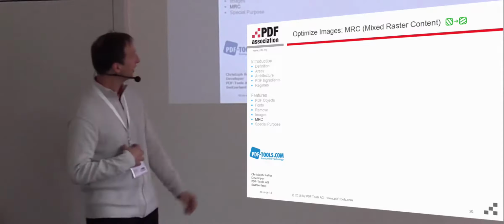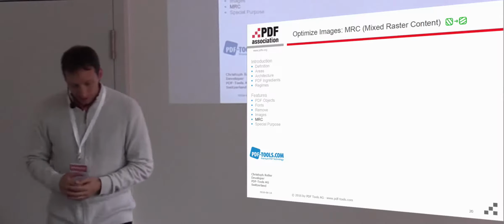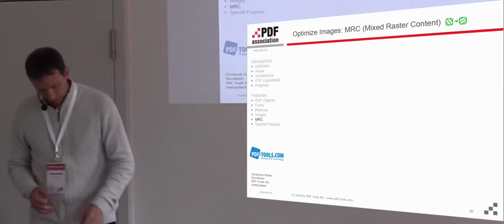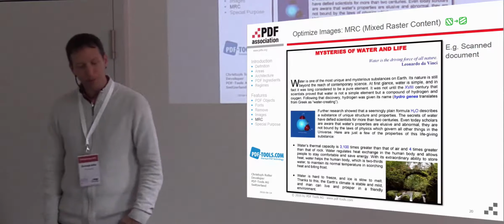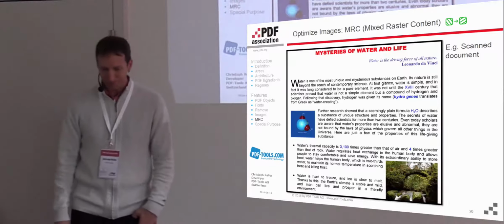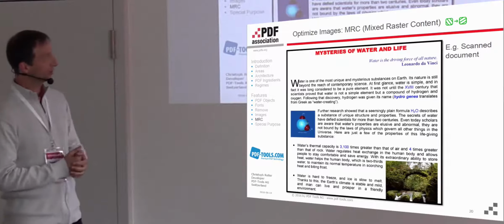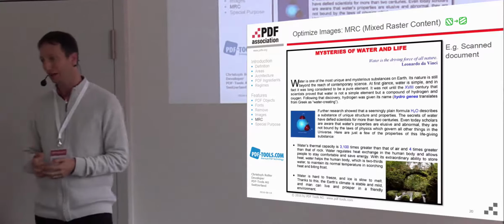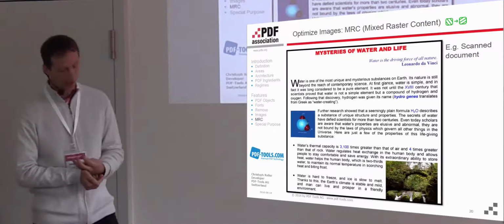So now we move to the second last topic, mixed raster content optimization, which is very interesting, and I would like to tell you this with the help of an example. Let's say I have this scanned document here. It is scanned very cleanly, I have to admit, but it serves the purpose of showing what I want to show.